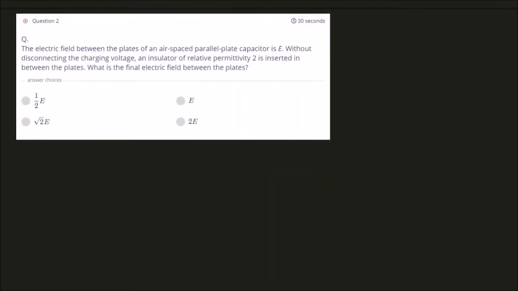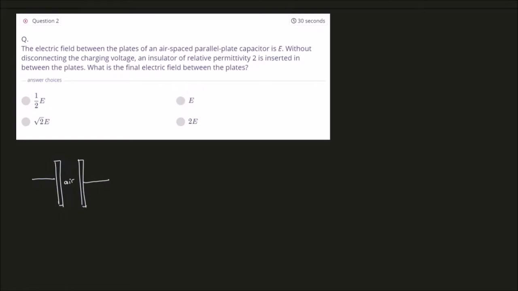Question 2. The electric field between the plates of an air space parallel plate capacitor is E. Again, you have a parallel plate capacitor, and it's air space.